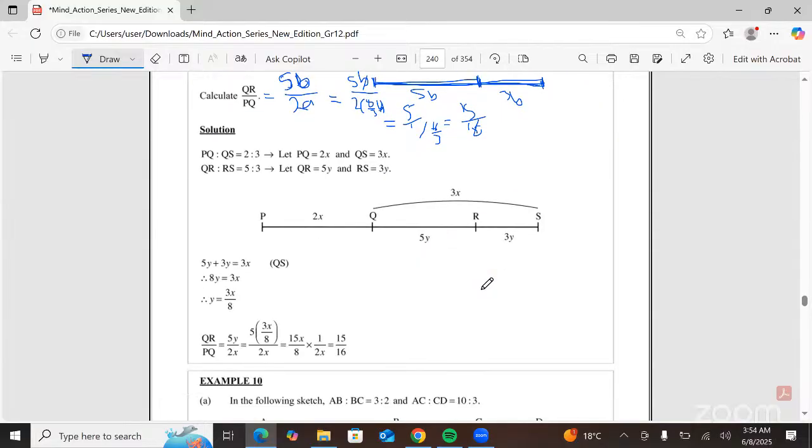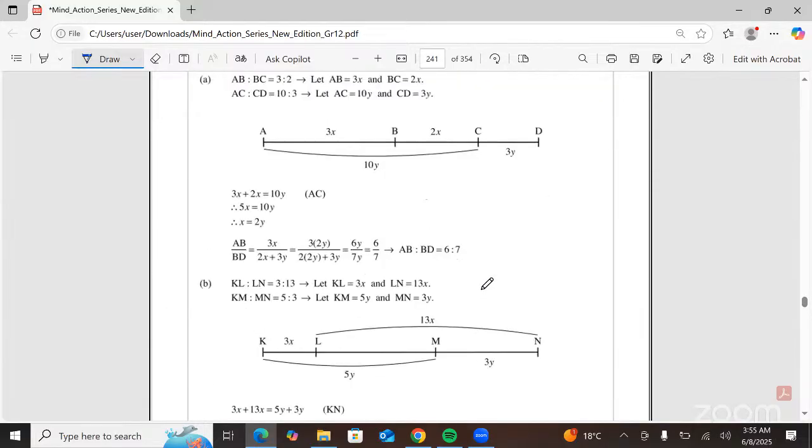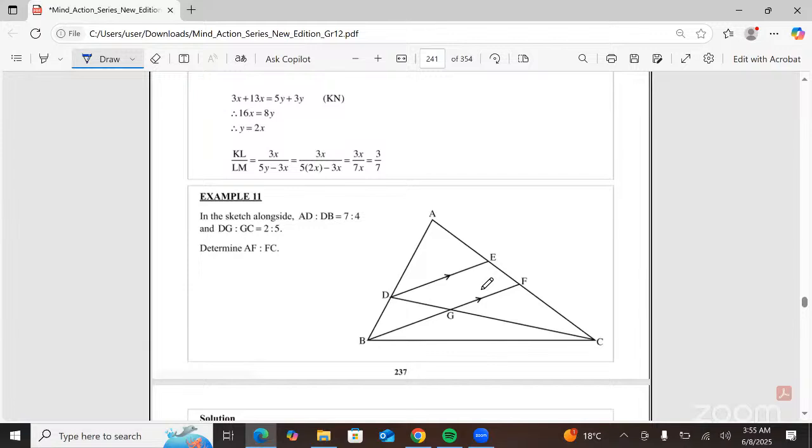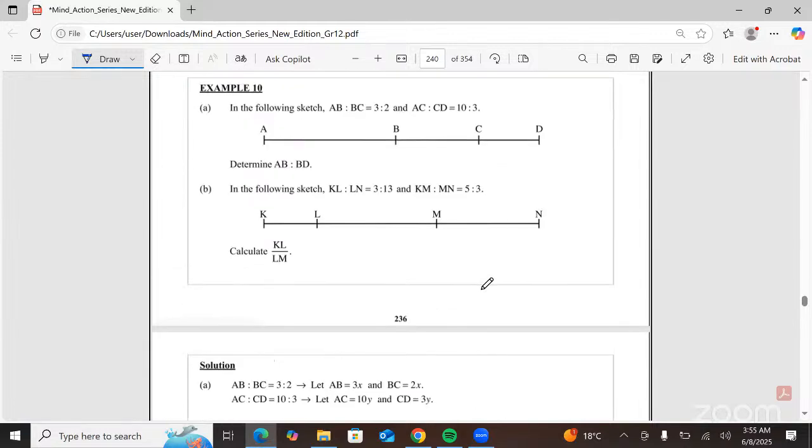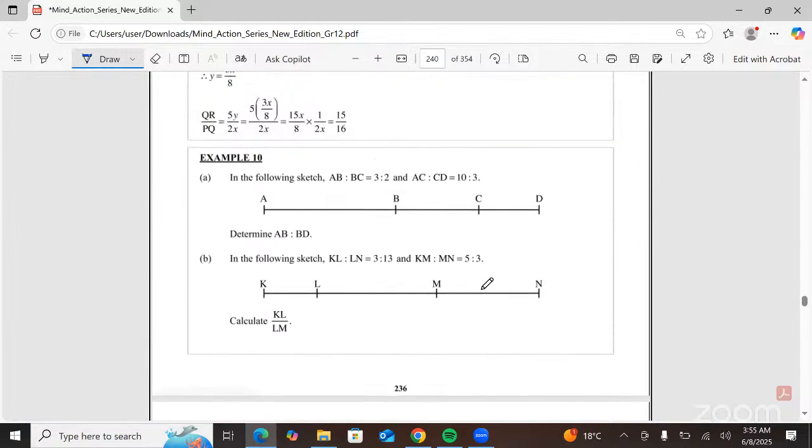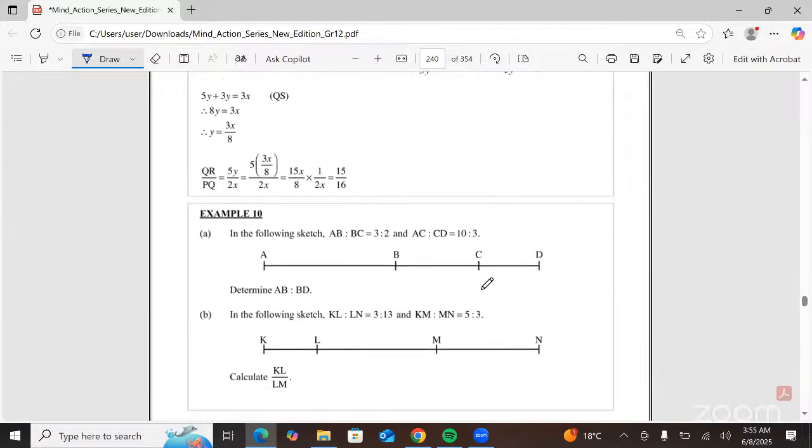Then let's go to the other one. Maybe let's try to find a complicated one, maybe this one here. Now tell me what we can do in order to find this ratio here. We first put in the data we were given.